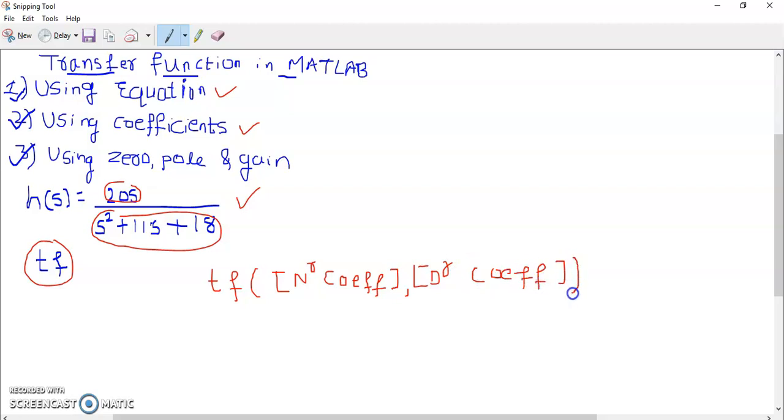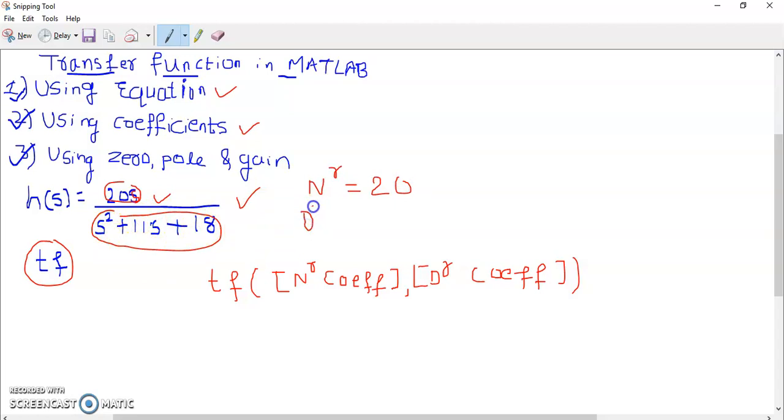Now for this particular transfer function, if you see the numerator, there is only one value of s, which is 20s. So we can say that in the numerator there is only one coefficient, that is 20. So numerator coefficient is equal to 20. In the denominator, there are three values.